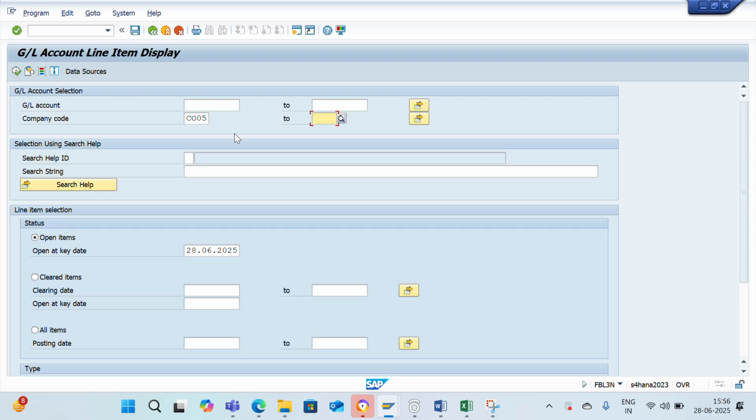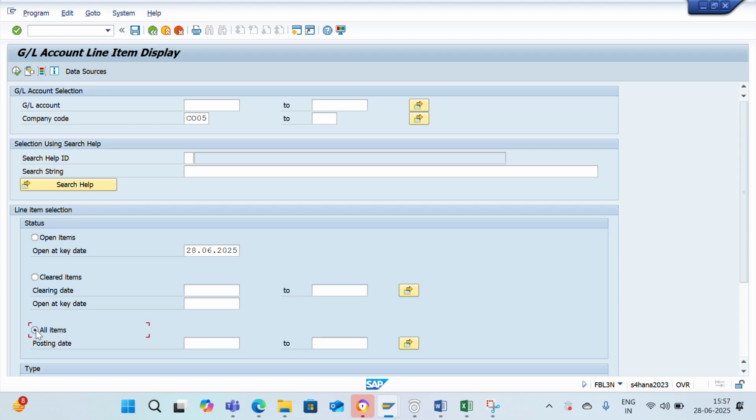So first I am executing the GL line item report for company code CO05 and all the GLs in which there is a booking, in which there is a posting. And when you execute the GL line item report, we have the option to see only the open items, only the cleared items, or all the items.